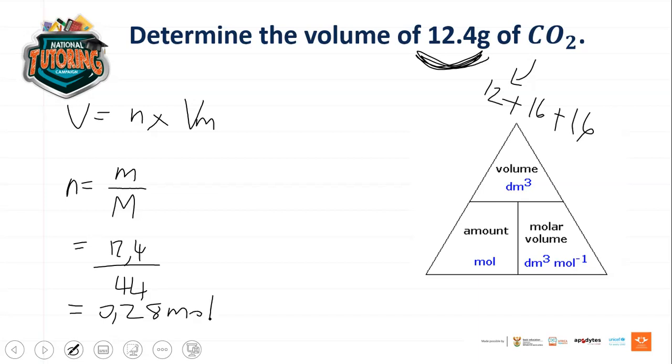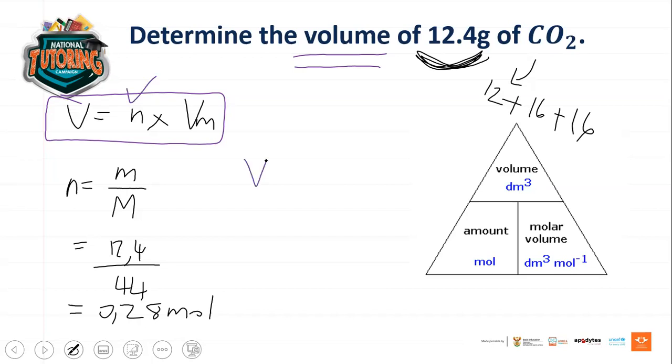Okay, now that's not our answer because the question said we must calculate the volume. So now we've got to go back to our original idea of working out volume. Now that we know what the number of moles is, we've just worked out n. Now we need to work out the volume.